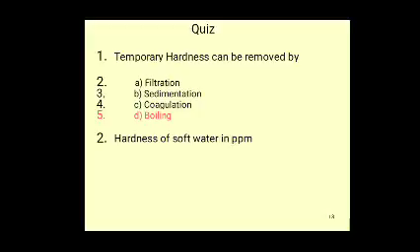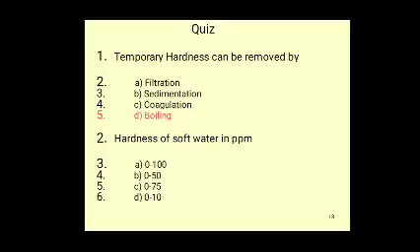Now, second question. Hardness of soft water in ppm. Option A, 0 to 100 ppm. Option B, 0 to 50 ppm. Option C, 0 to 75 ppm.